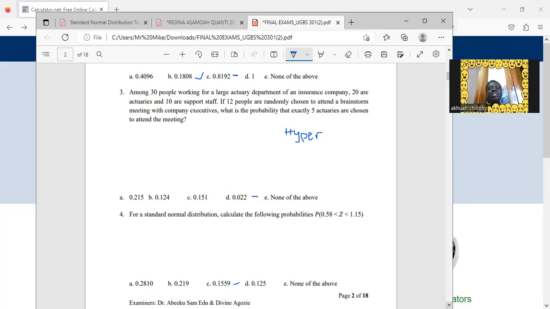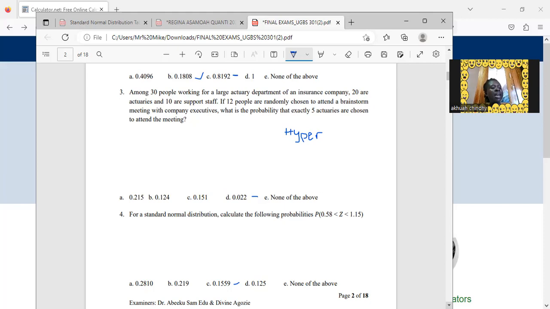So let's say in a class we are 30, right? And I want 5 people to go for an excursion with me. If I pick one person, I'm not going to put the person back and then pick another person.